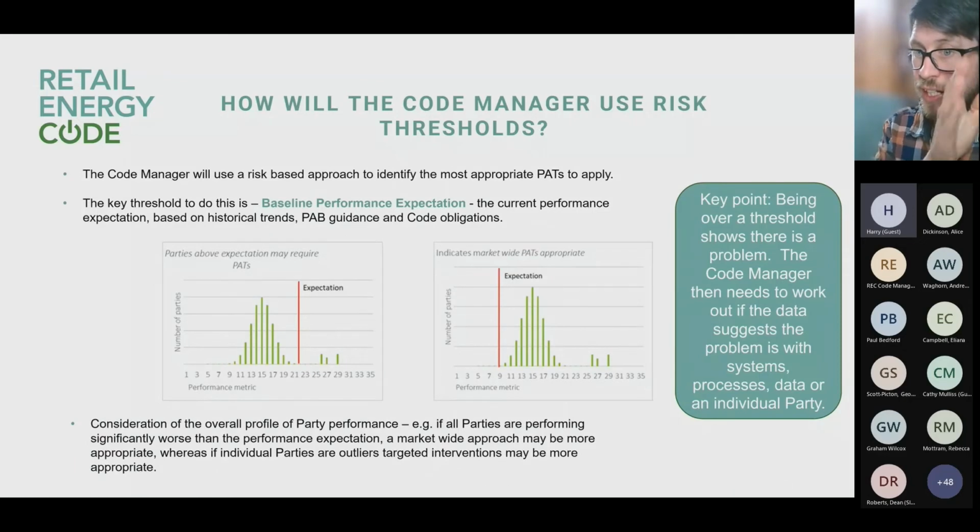So the expectation there is significantly different to all of the performers in the market. This suggests that the cause probably isn't in an individual organisation. It's probably elsewhere. This is the kind of shape graph we would expect if there were persistent DTN outages.